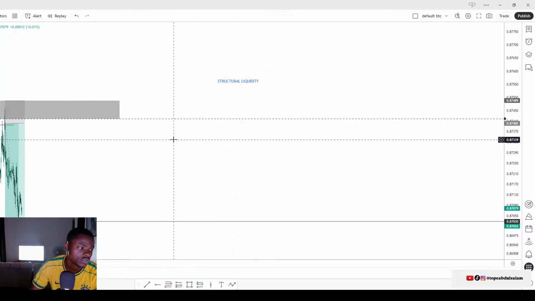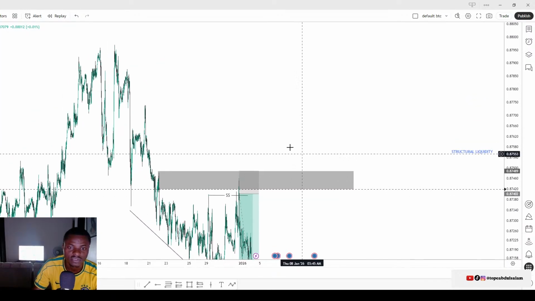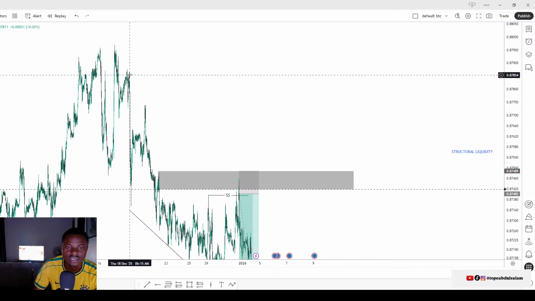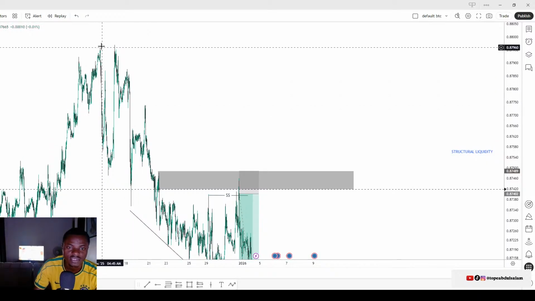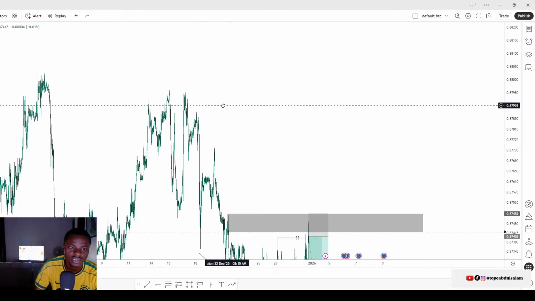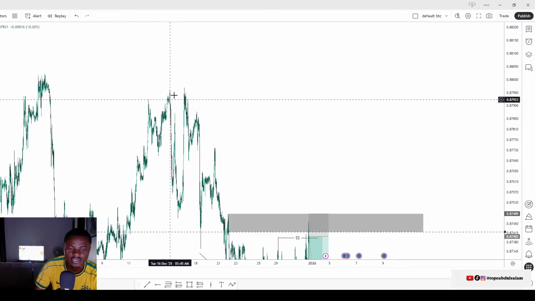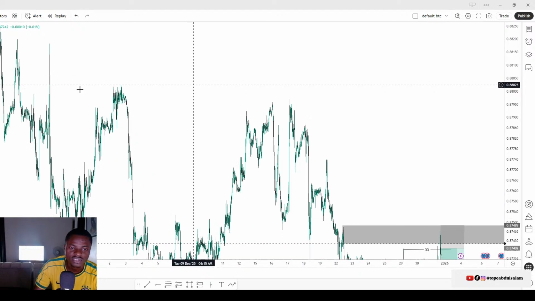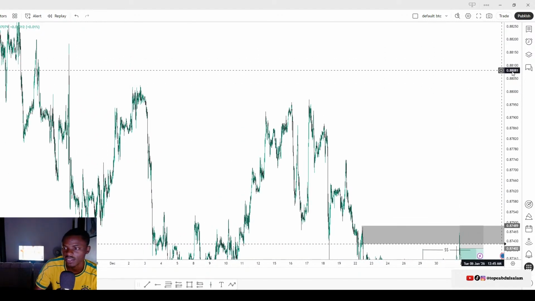For example, let me show you in this chart. This is a swing high. There's liquidity resting there. This is a swing high, there's liquidity resting there. So all these highs, we are in a downtrend, so we have liquidity resting on these highs.